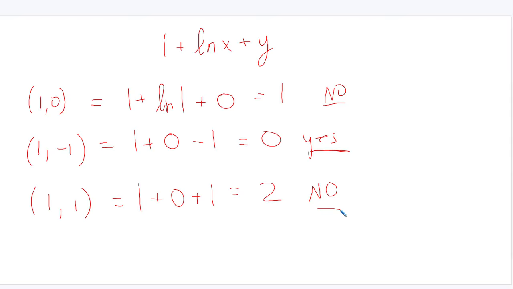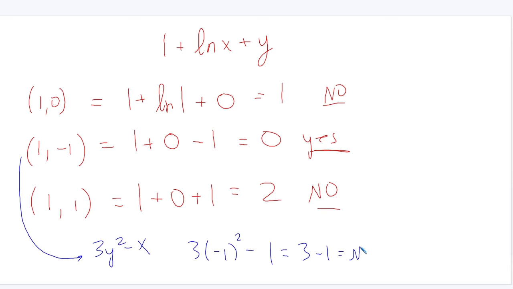What we do want to check also real quickly is that our original denominator of our derivative, which was 3y squared minus x, does not equal 0 at the point (1, negative 1). If I plug in 1 for x and negative 1 for y, I get 3 times negative 1 squared minus 1, which is 3 minus 1, which is 2.